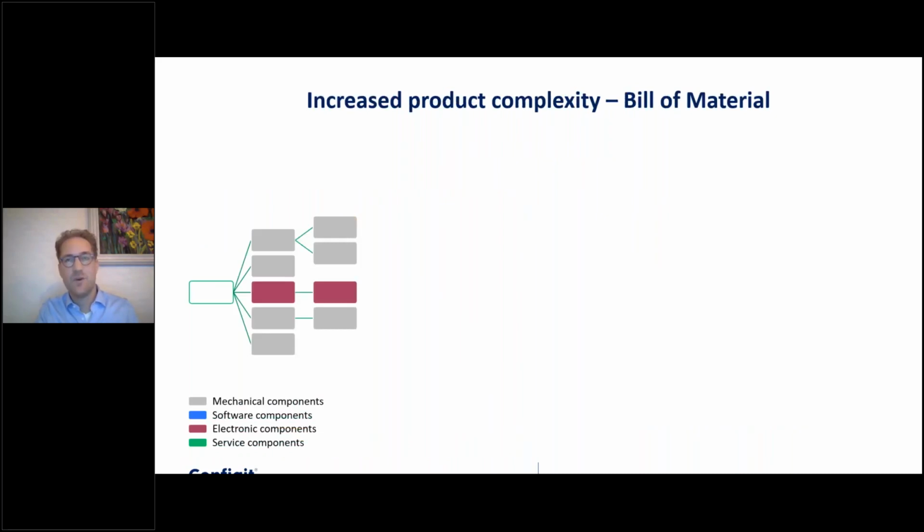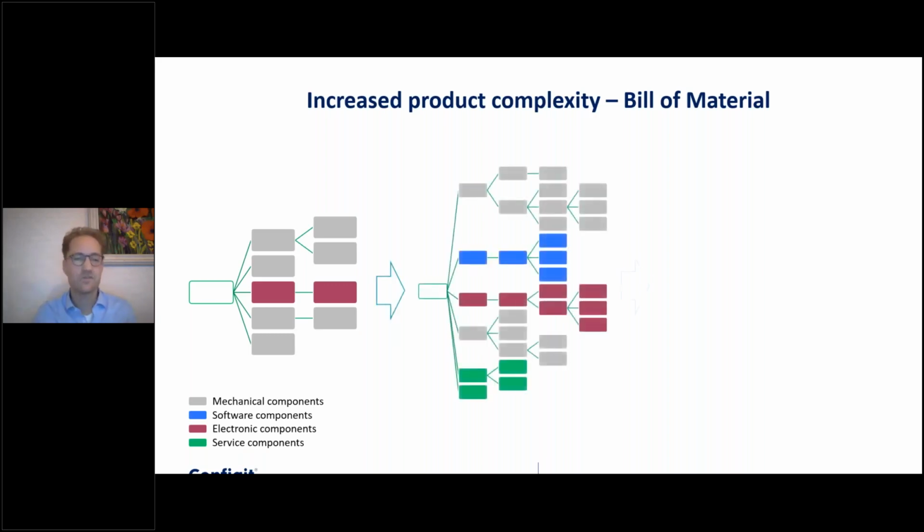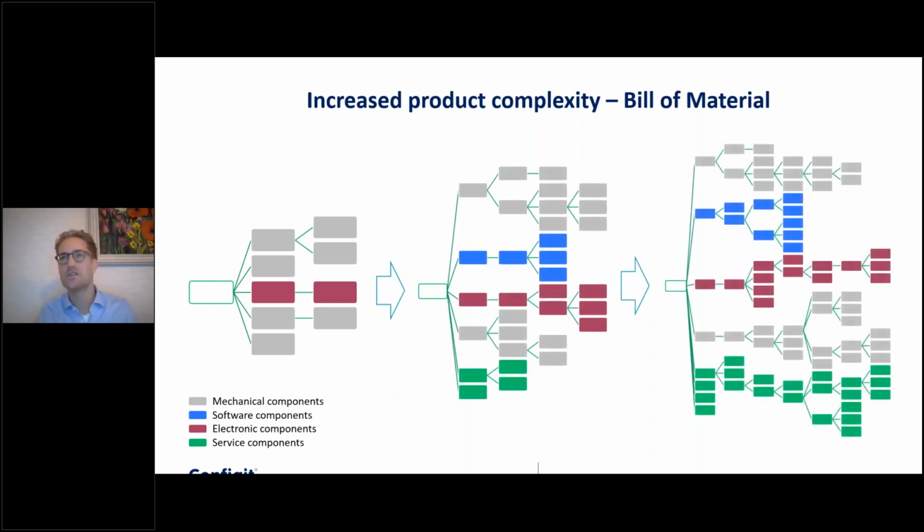And when we talk about CPQ, we talk about configuration, of course. We also talk about bill of materials. We see bill of materials around the whole organization, at sales, but also manufacturing bill of materials. And if we talk about increased product complexity and look at the bill of materials, in the beginning the products consisted mainly of mechanical and electronic components, but after some time these bills of materials also got more and more complex.